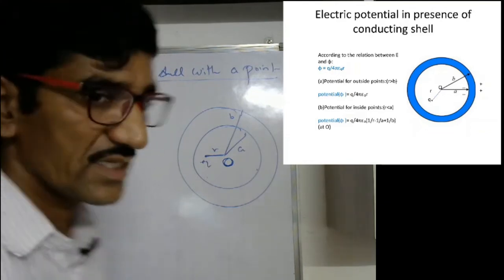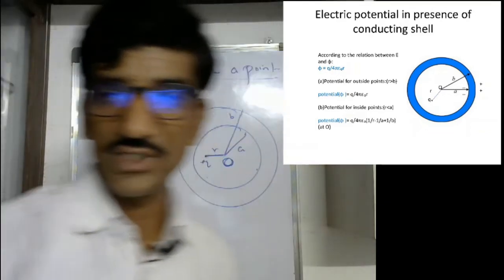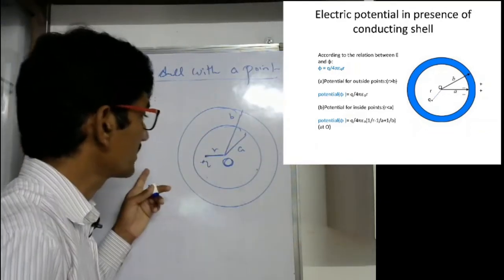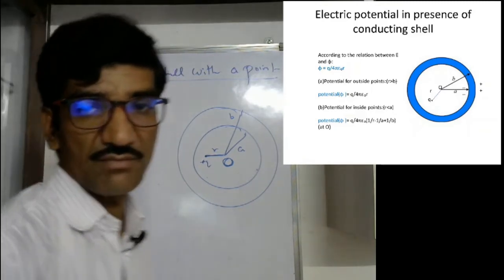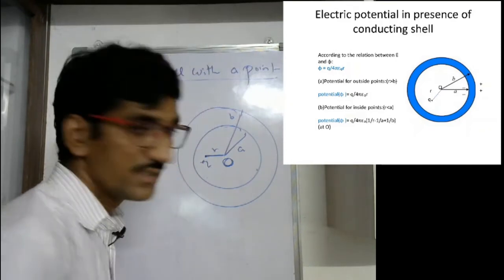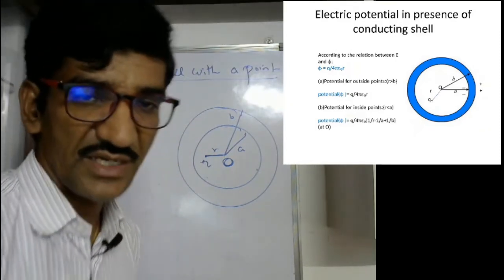In this case, what will be our potential at the outside points? What will be our potential at the inside points? Basically, let us try to find the potential at the center. It will be very easy to find.